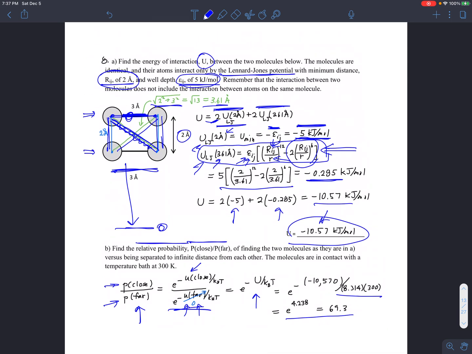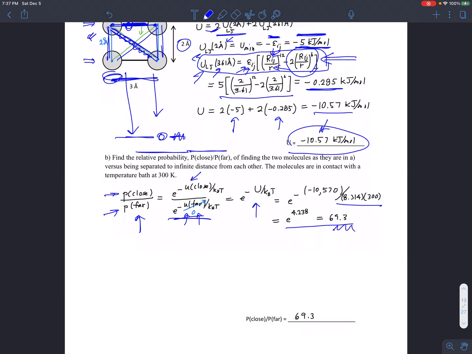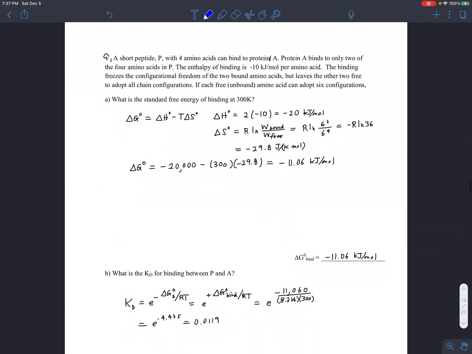So, not counting any entropic effects, right? If you just hold these guys steady and they can only move on a line, move them out to infinity and ask what's the probability of finding them far separated versus close together. They're almost 70 times more likely to be together because the sticking is reasonably strong. That's the end of number 8.